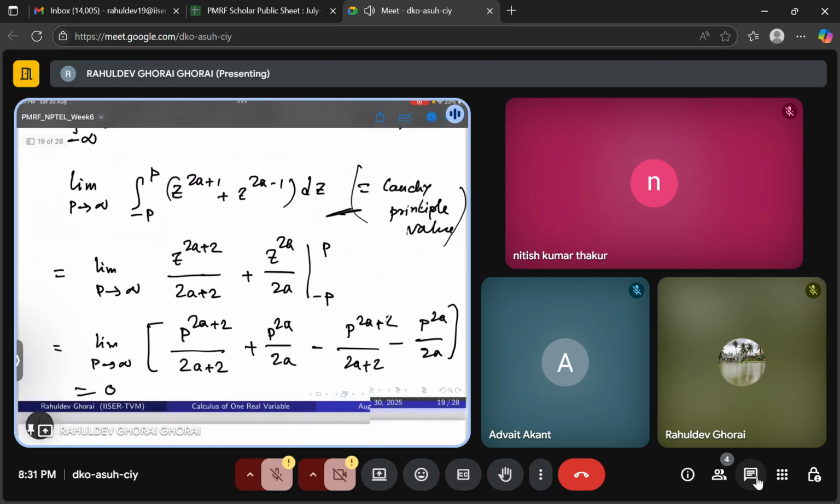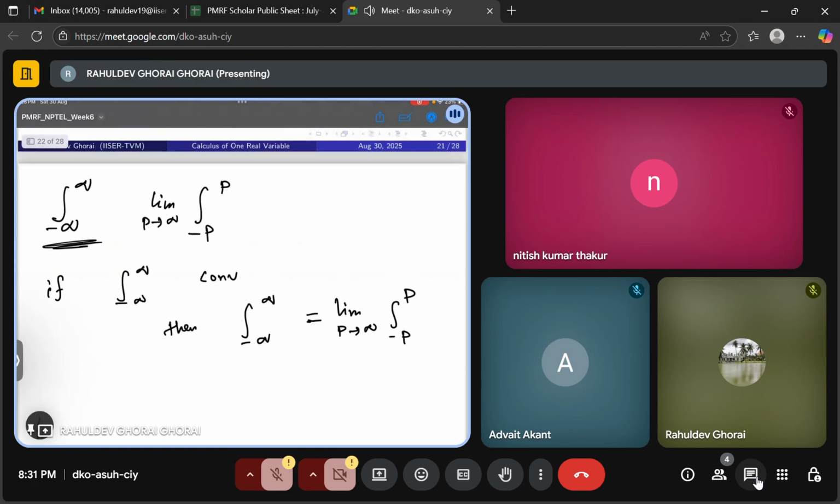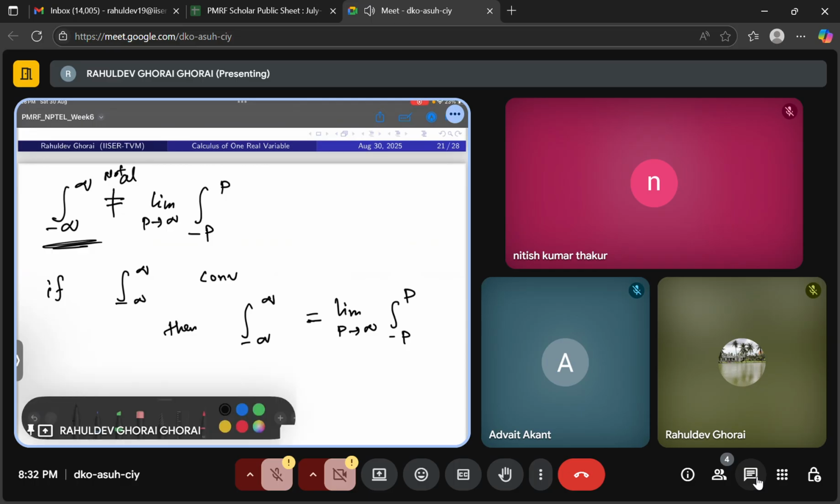So that is not always equal to this. It might be not equal also. That is something I wanted to point out. And all other questions I find easy, so I don't need to worry about those things.